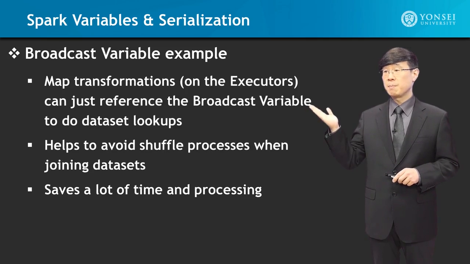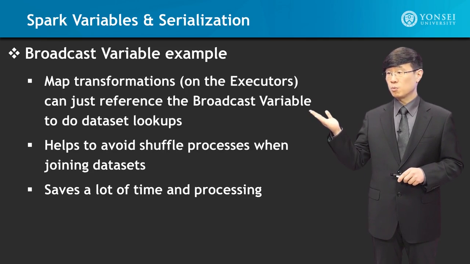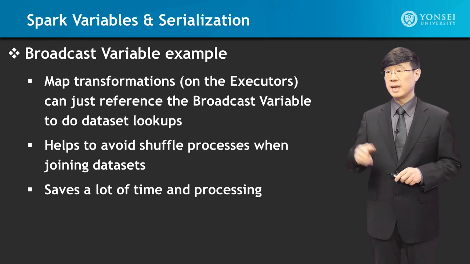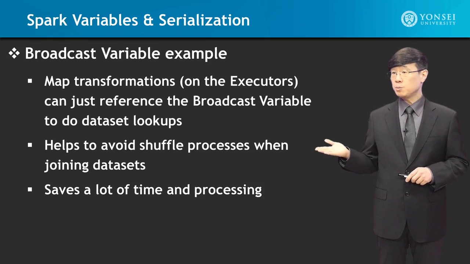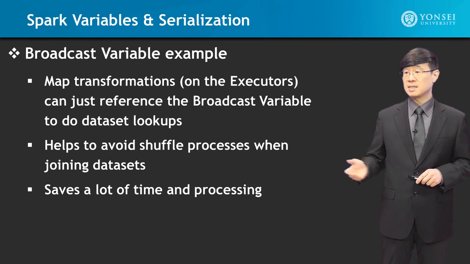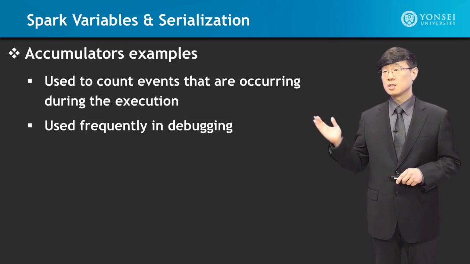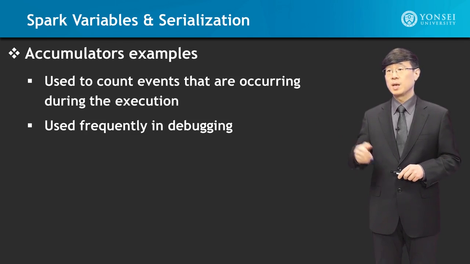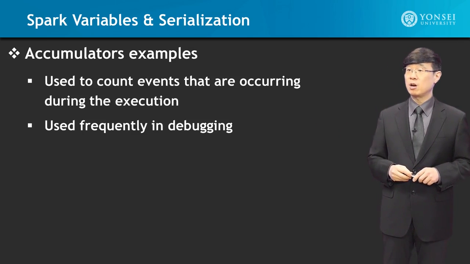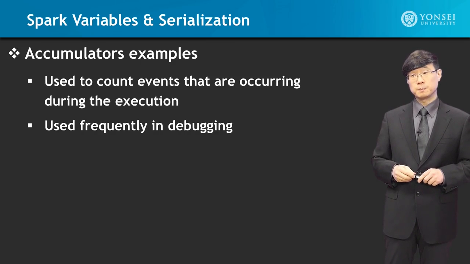In addition, map transformations on the executors can just reference the broadcast variables to do dataset lookups, helps to avoid shuffle processes when joining datasets, and it saves a lot of time and processing. That's why it's used so effectively. Some accumulator examples. It's used to count events that are occurring during the execution, used frequently in debugging.